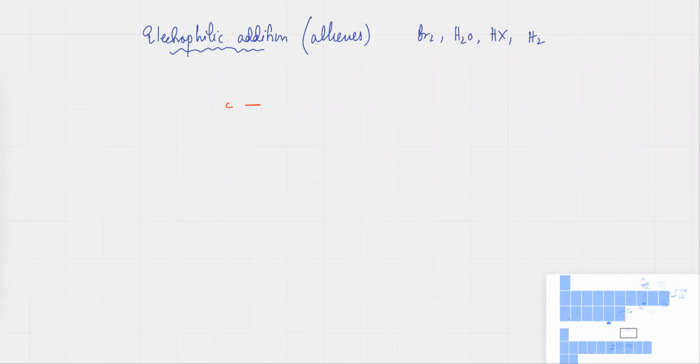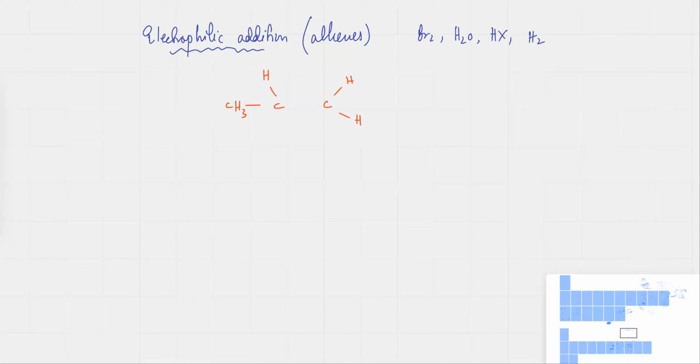Whenever you've got alkenes, let me show the pi bond. Whenever you've got alkenes, there's a double bond, and this is CH3. That double bond indicates that there is a pi bond.